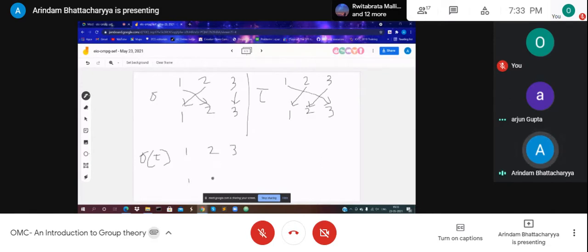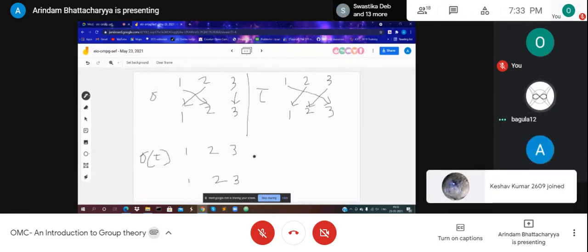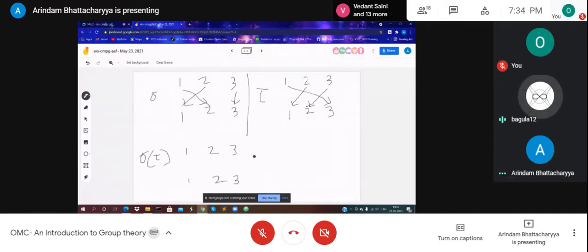Can someone complete this? First we apply tau. So 1 gets mapped to 3, and then we apply sigma. In sigma, 3 gets mapped to 3. So sigma of tau of 1 is 3 altogether. Then for 2, in tau 2 gets mapped to 1, and then in sigma, 1 gets mapped to 2. So altogether, 2 gets mapped to 2.